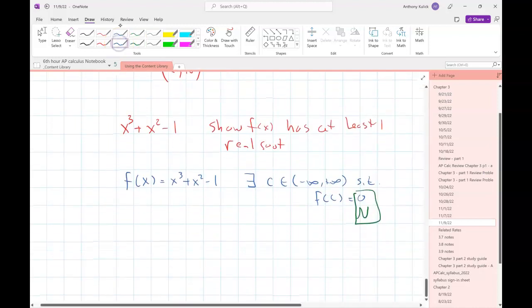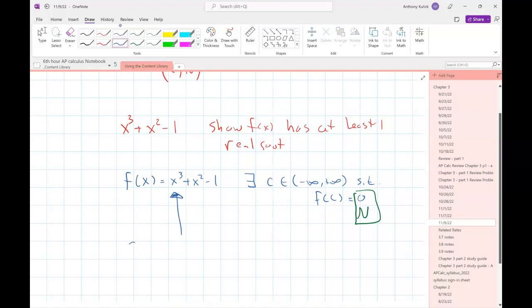So what I want to do is I first have to show that this is continuous. How do I do that? Perfect. Yep.